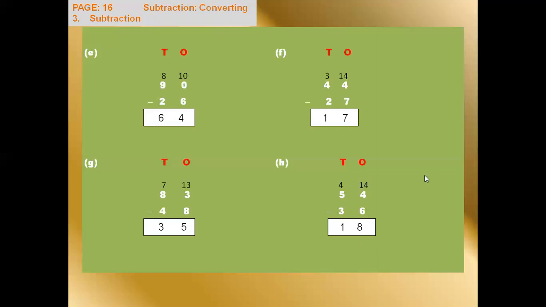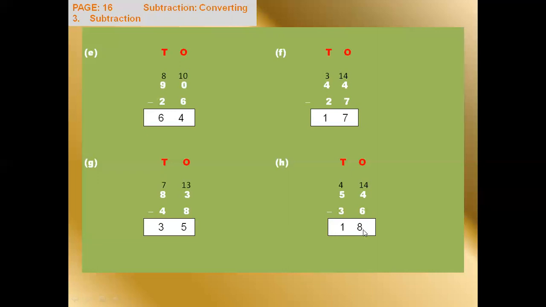Draw 14 lines, then cut 6 from these 14, and how many lines are left? 8, and you will write 8 under the ones. 4 minus 3 is 1. Keep in your mind: write the answer of the ones under the ones, and the answer of the tens under the tens.